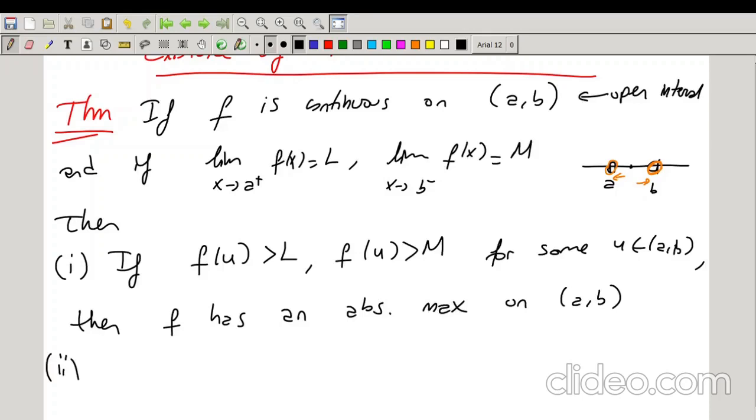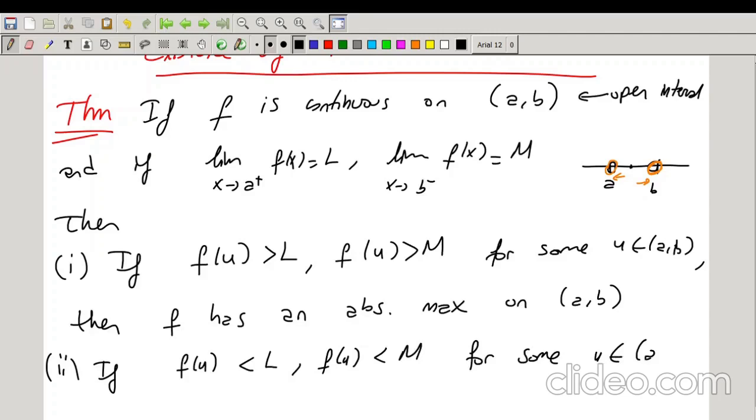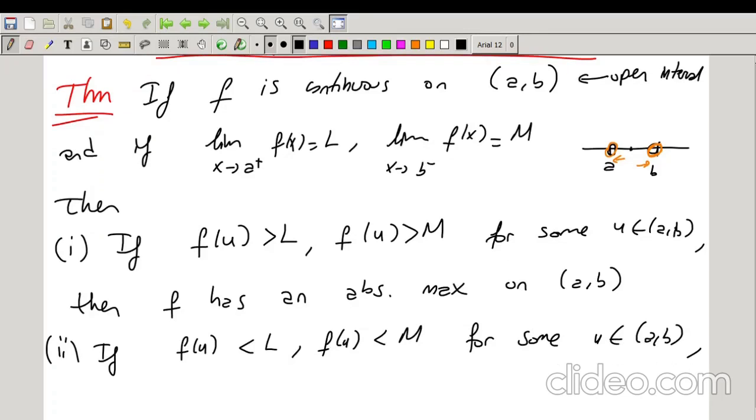Second case, if f of u is smaller than L and f of u is smaller than M for some u in AB, then f has, so these values are smaller than the limit values, so it means we have an absolute minimum value on AB.